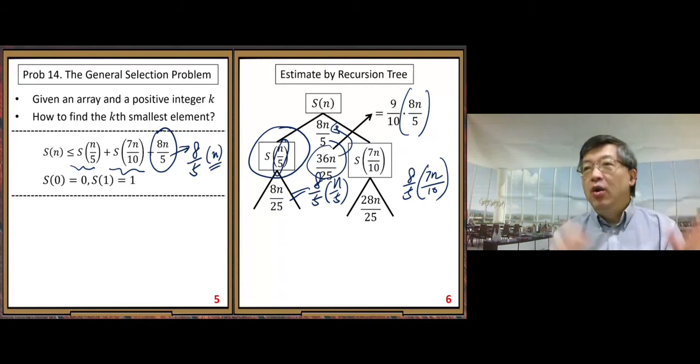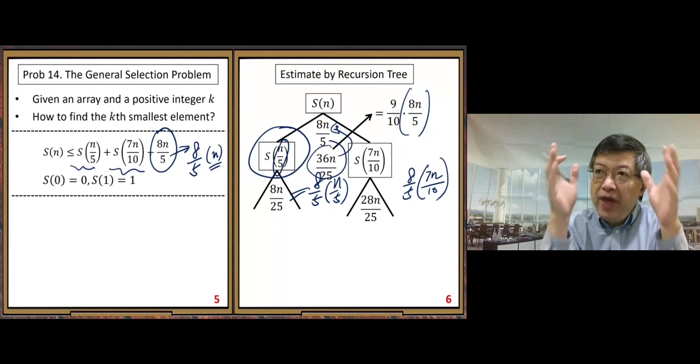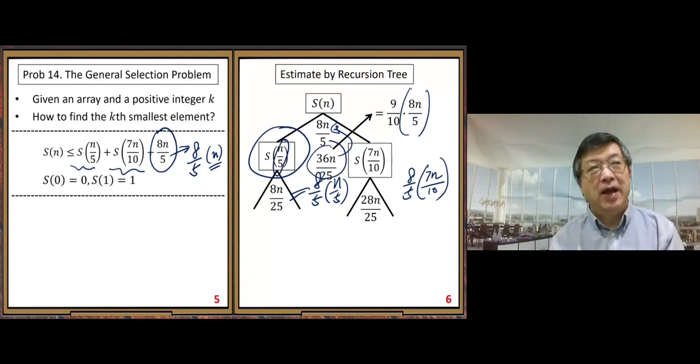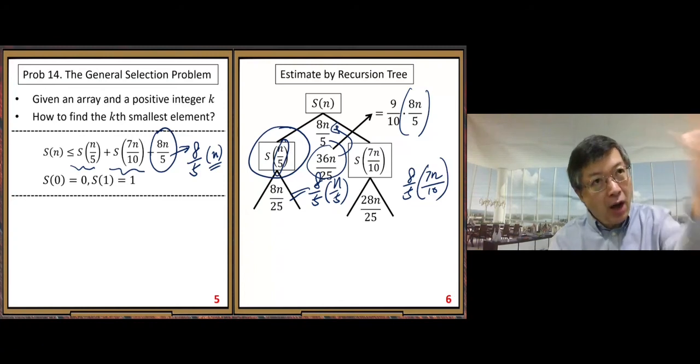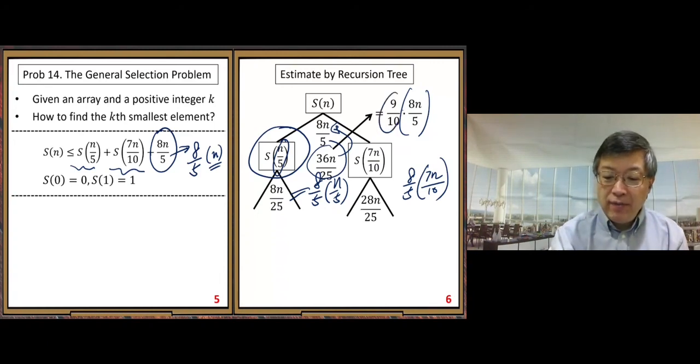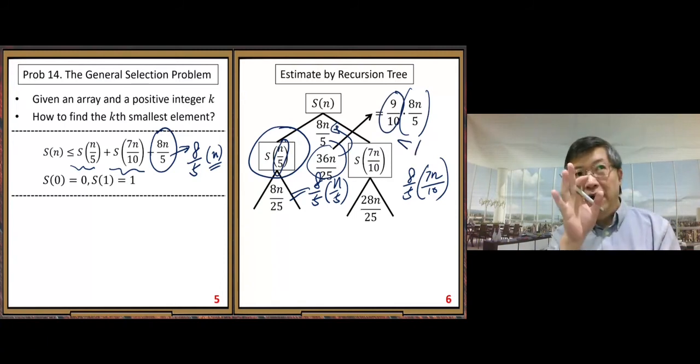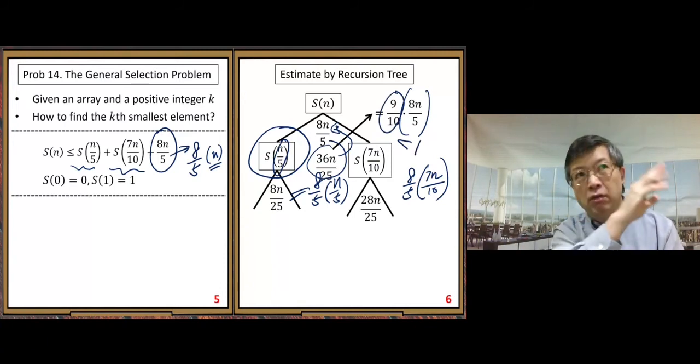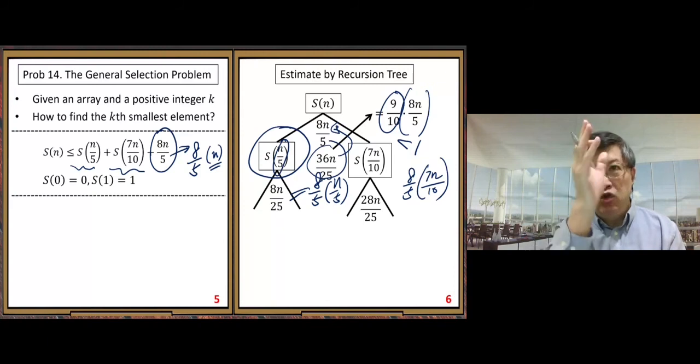That's the key. We have a chance to drop that log. How? I will show you. We want to drop that log factor. So this less than 1 multiplier gives us hope to drop the log factor.